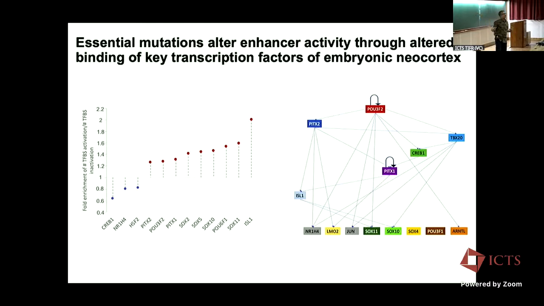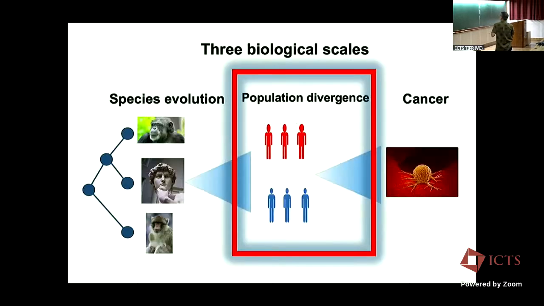So what we are saying is there is a set of mutations that happened in the entire genome that recruited and changed the regulatory network in a way that was conducive to specific aspects of embryonic brain development in human, different from macaques. So that's it, my second story.